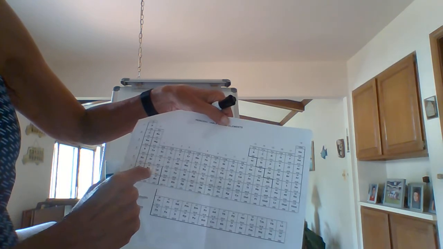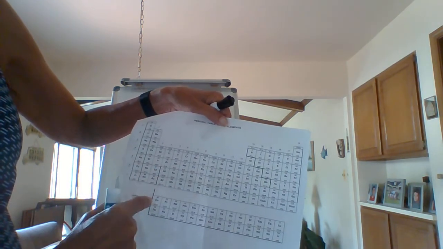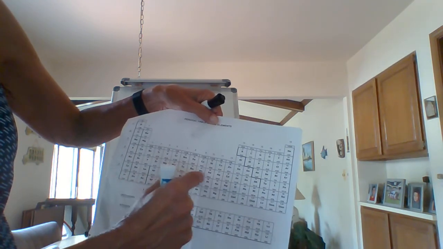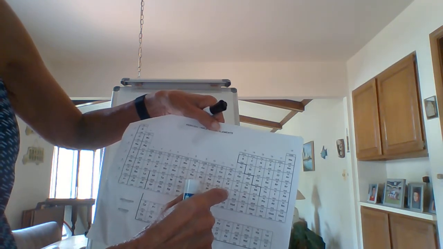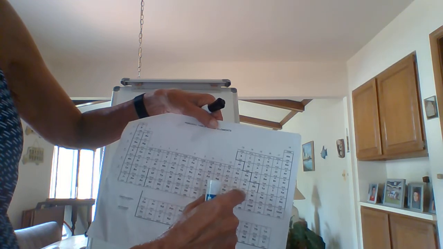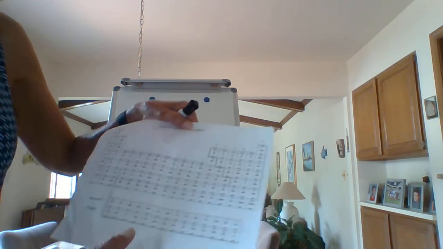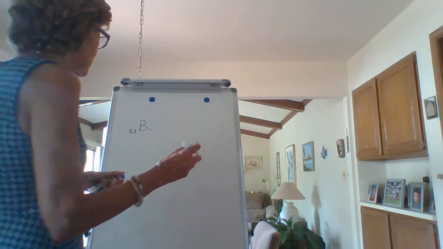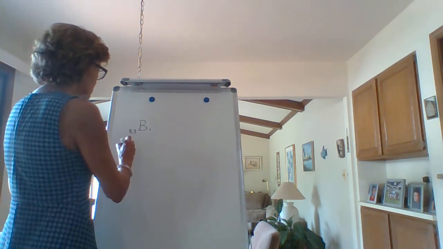If you want to do 5d1, you can go 5d1, 4f14, and then you have to do 5d9 for the rest of them. And then 6p3. So I'm going to write that on the board so that you can all follow along and then try to do it yourselves.